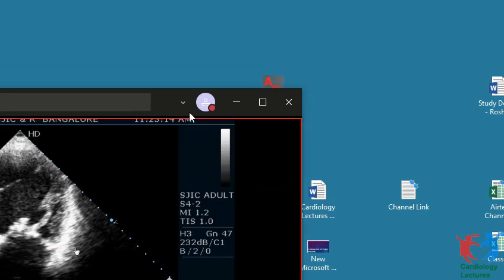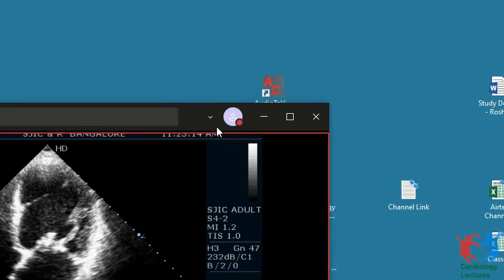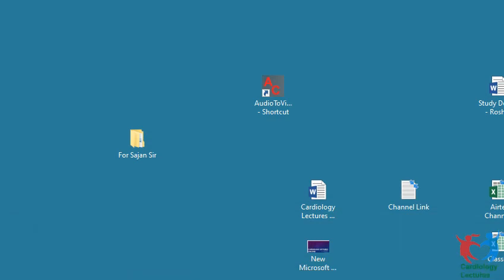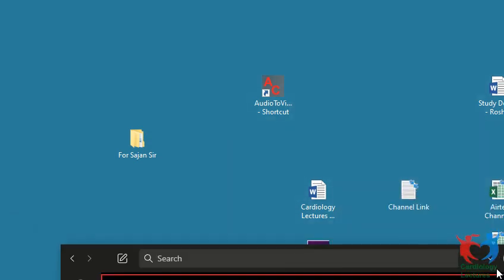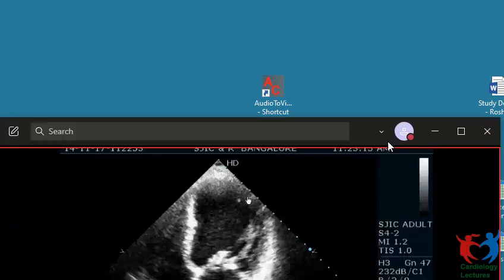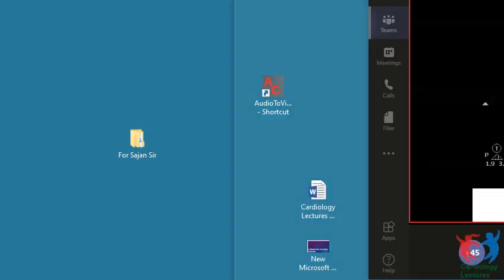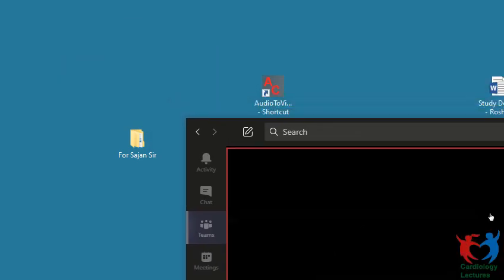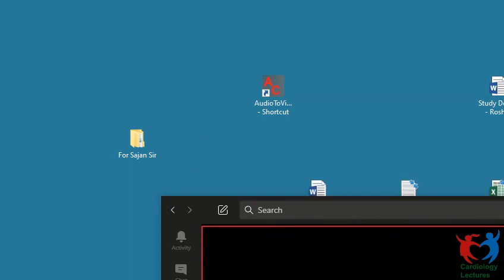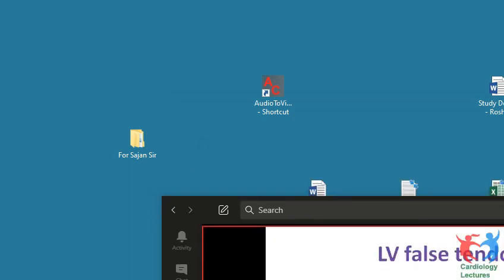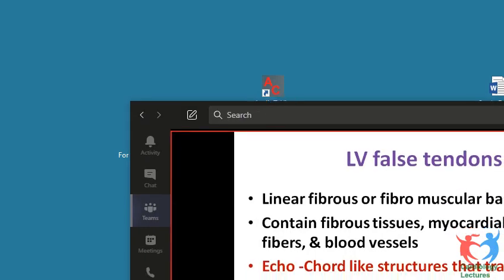They get attached from the myocardium to the septum or to the papillary muscles. They can get attached to the septum, free wall of the left ventricle, or papillary muscles, but they do not get attached to the mitral valve. Is it clear?